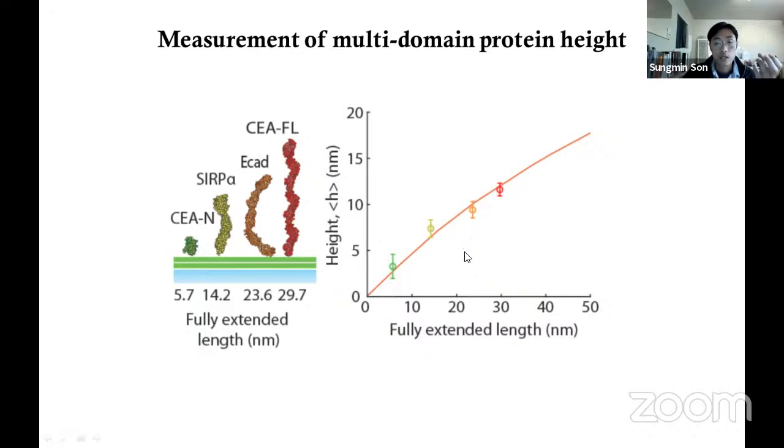So the trend is that these 1 to 3 domain proteins look pretty stiff, and if the protein length becomes more than 4, 5, 7 domains, then the average height seems to be lower than a stiff rod. And that's consistent with what I saw with the synthetic proteins.